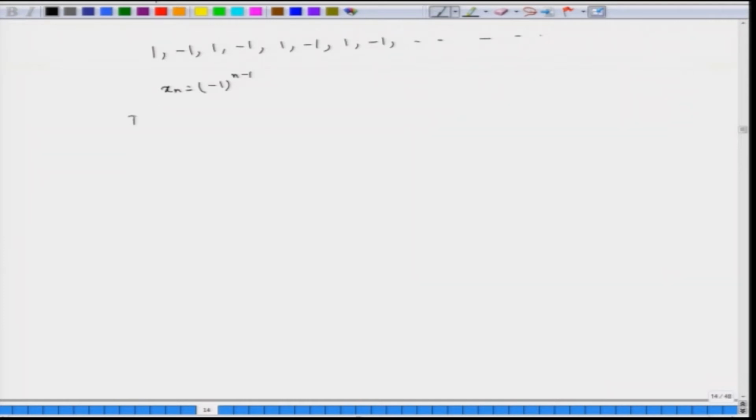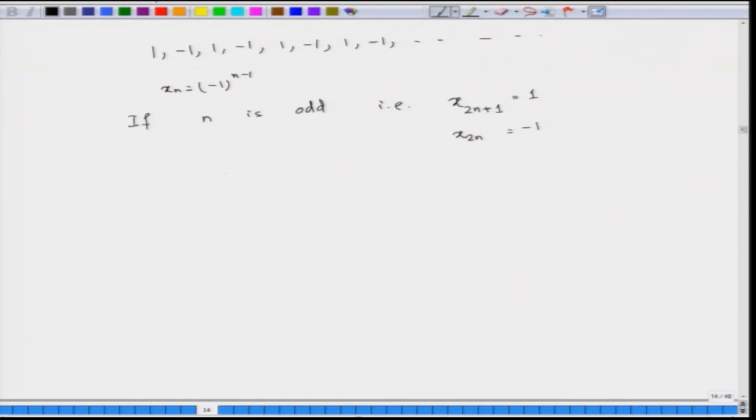If n is odd, that is x_{2n+1}, this is going to be 1, because 2n+1 minus 1 is 2n, and (-1) to the power 2n is always going to be 1, and x_{2n} is always going to be equal to -1.